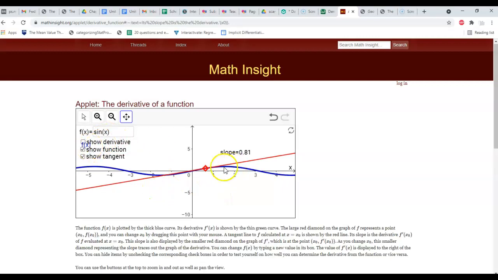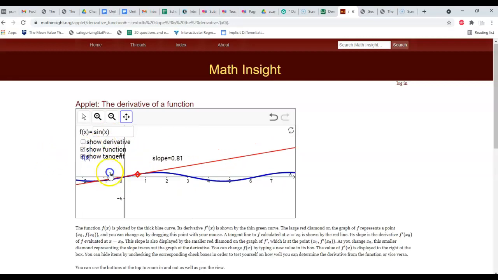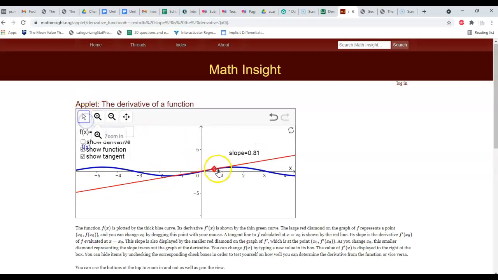Sine's wiggly, right? So like my derivative over here is 0. And then my derivative in this portion between like there and there is negative, right? So my derivative graph should be above or below the axis during that spot? Below the axis because this is a negative slope.